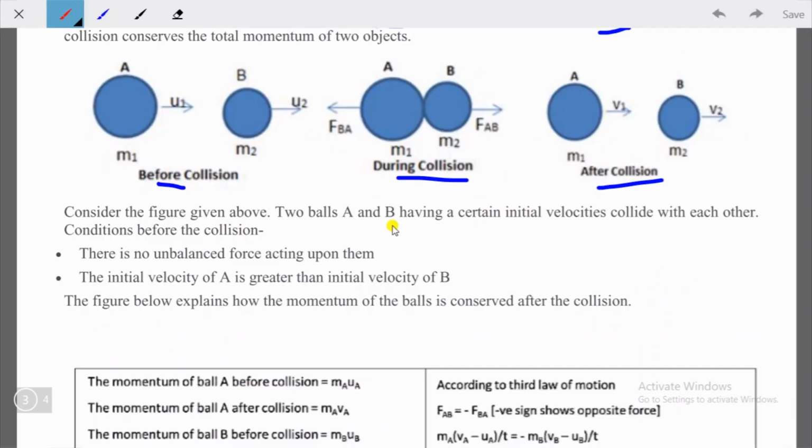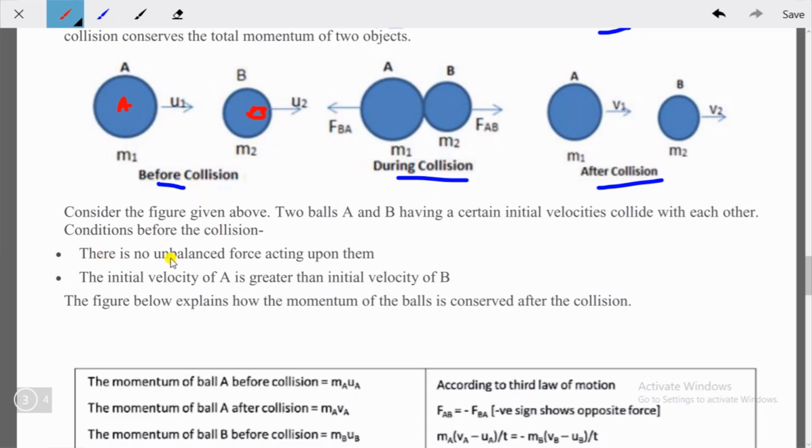Okay students, consider the figure given above. Two balls A and B, this one is ball A, this one is B, having certain initial velocities, collide with each other. There are some conditions in this case.